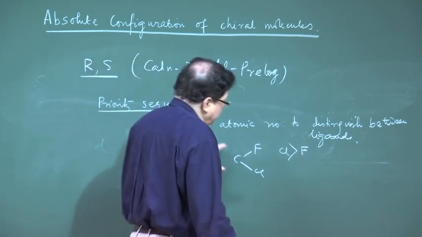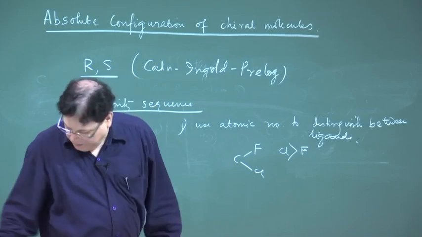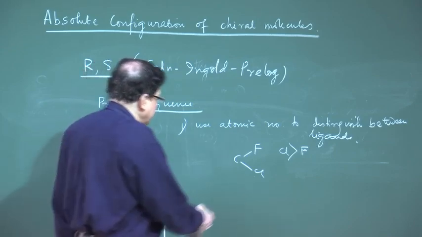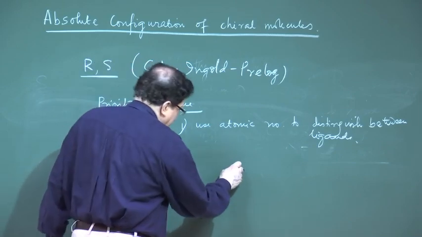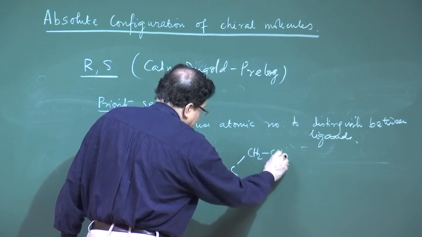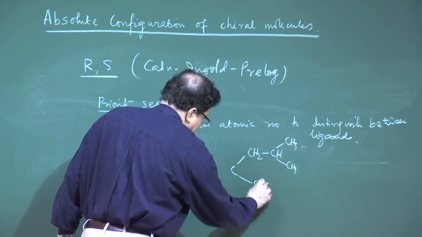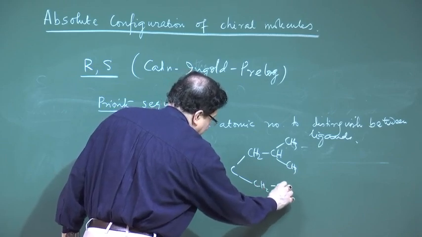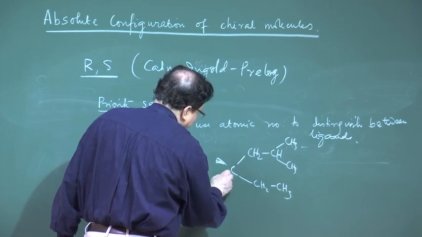Now, things may become more complicated later on, because the first atom that is attached to the stereogenic center may be the same, but the second atom may be different. Suppose this is CH2, then CH3 and CH3, and you have CH2 and then CH3. If you are asked to distinguish between these two, what do you do?